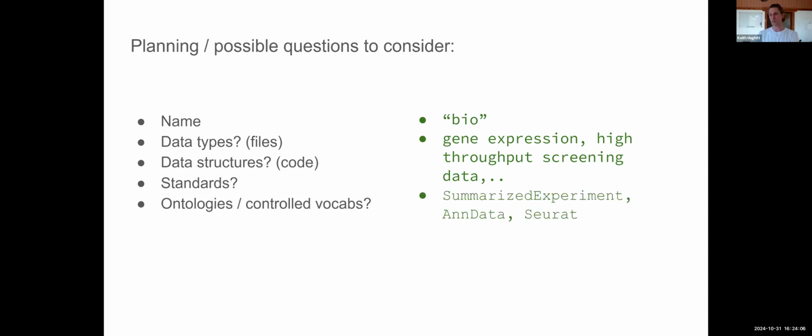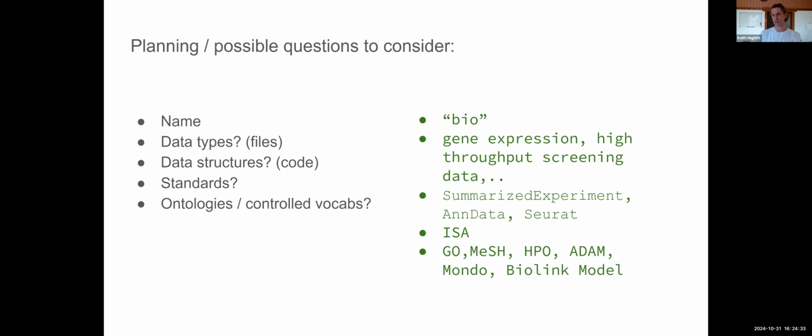So it's good to look at what's being used already. In bio, and in genomics specifically, SummarizedExperiment in Bioconductor, AnnData in Python, and Seurat, also in R, are examples of data structures that could be useful to look at and model things after, and at least communicate with. Ontologies and controlled vocabularies: the ISA, investigation study assay, in bio is a good place to start.